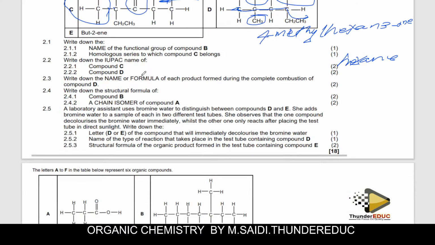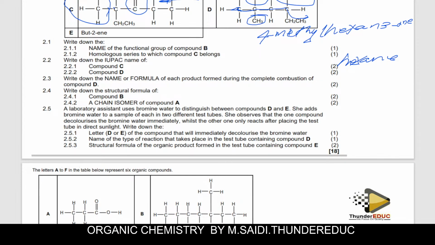Another question. They are saying, for compound D, write down the name and the formula of each product formed during complete combustion.